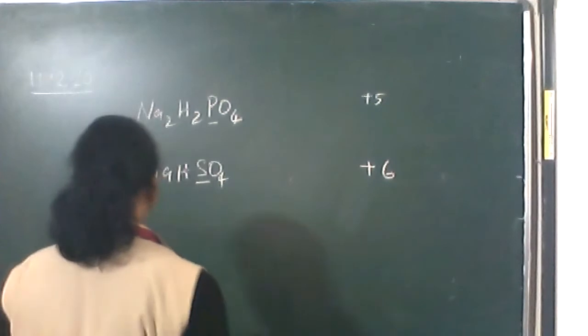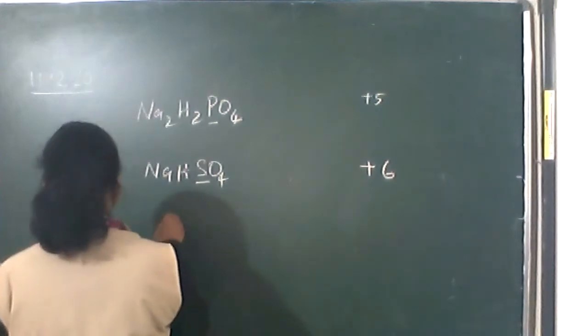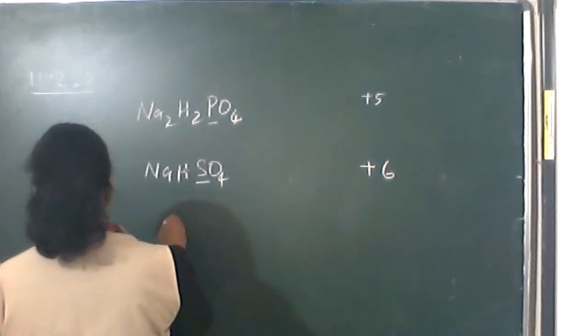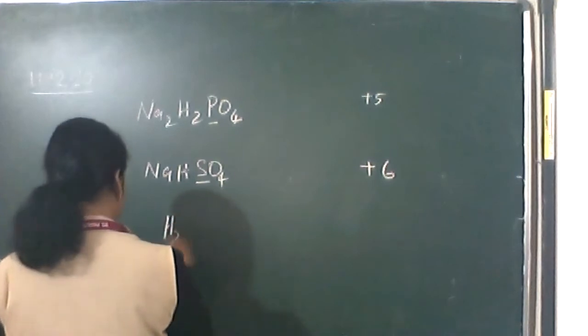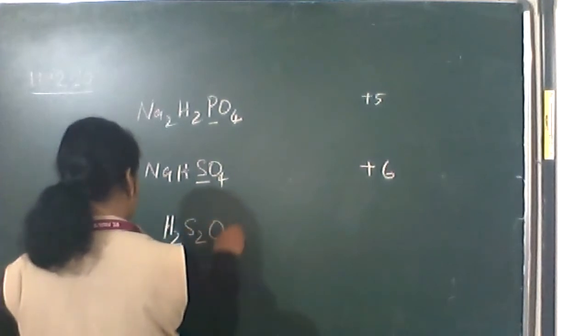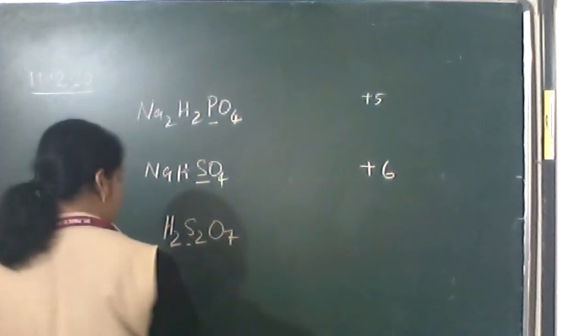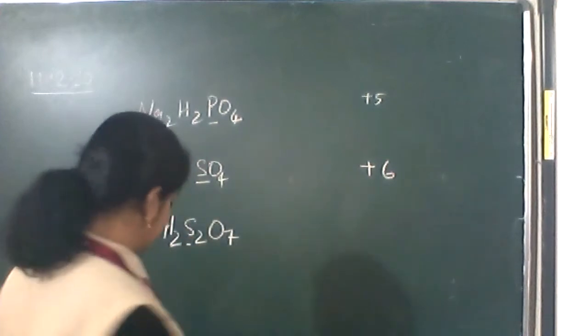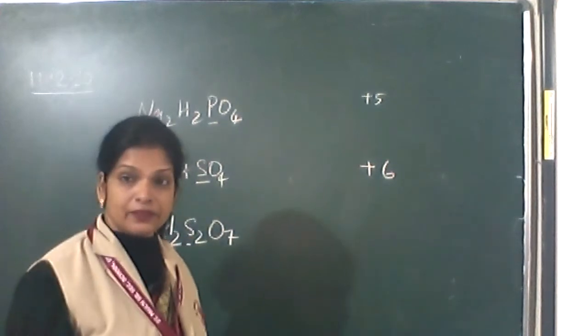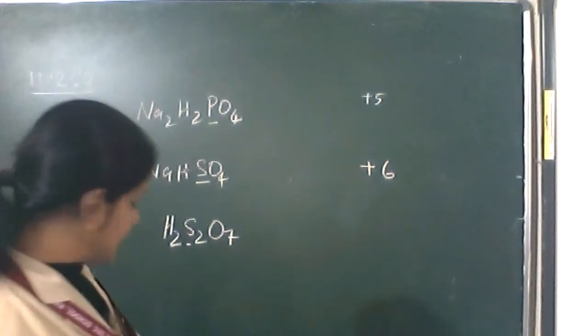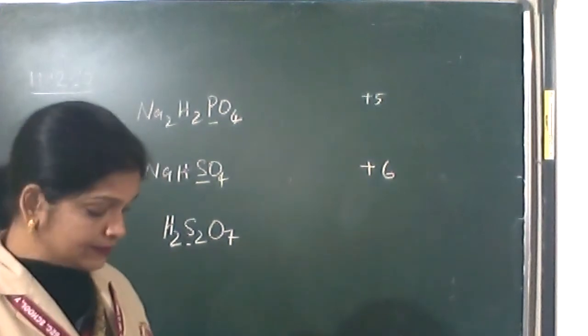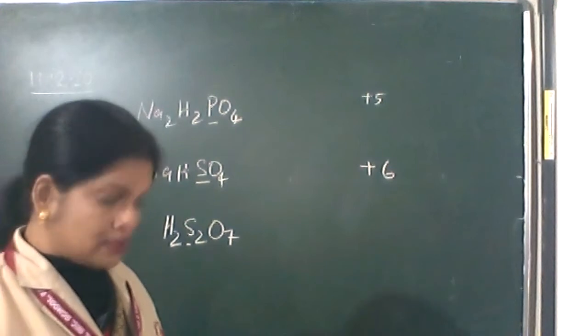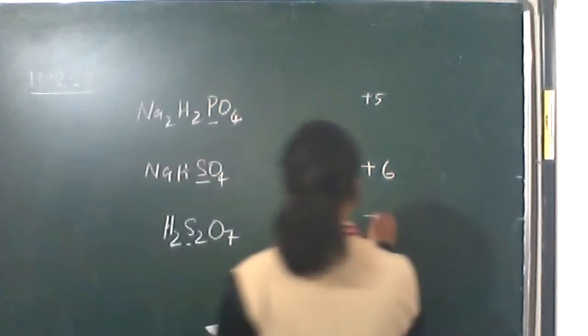Then H2S2O7. You have to find out S. You will get it as plus 6.